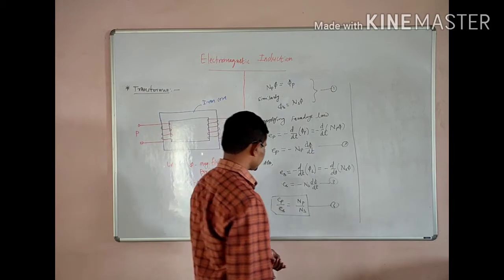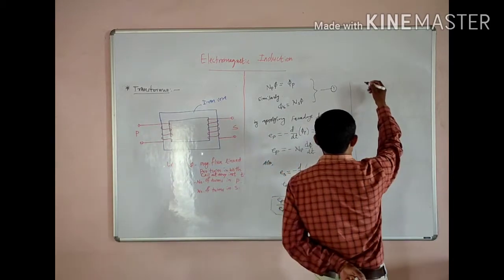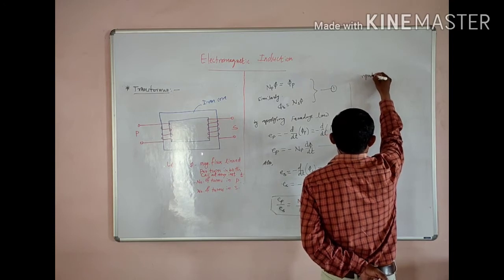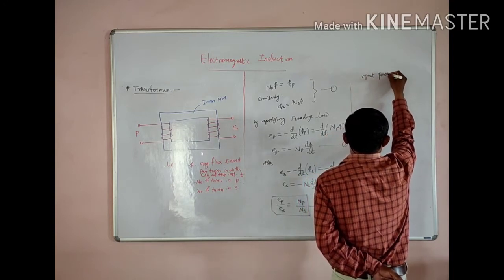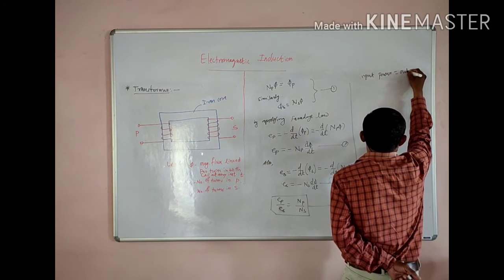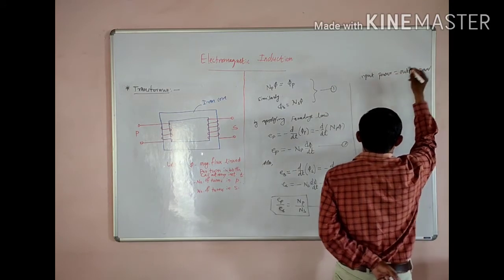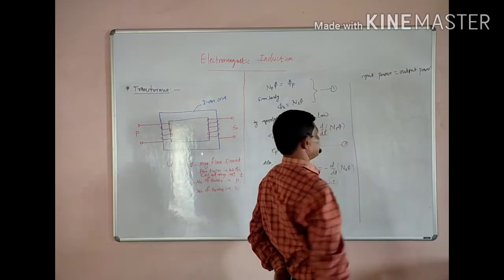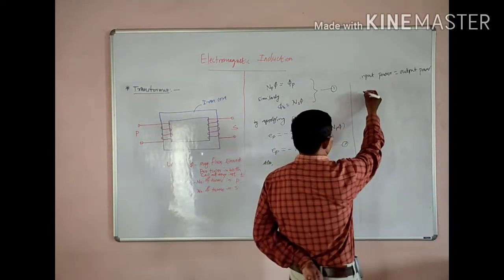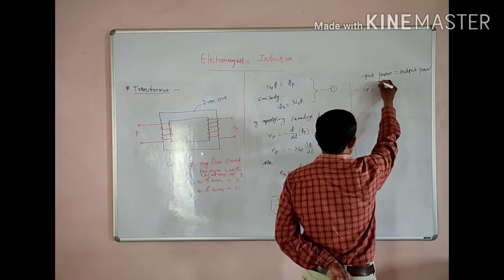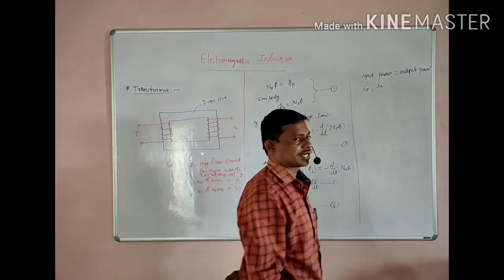If, for an ideal transformer, the input power is equal to the output power, then let Ip be the current flowing through the primary coil and Is be the current flowing through the secondary coil.